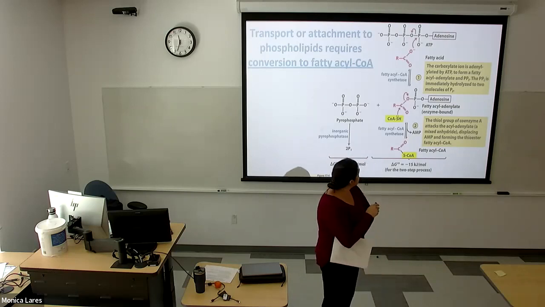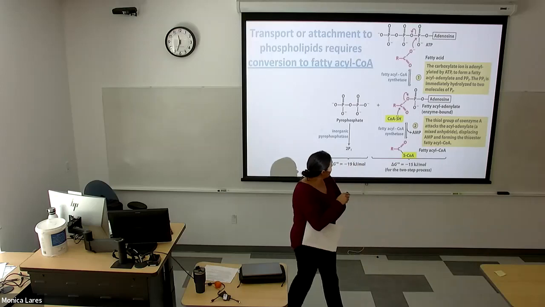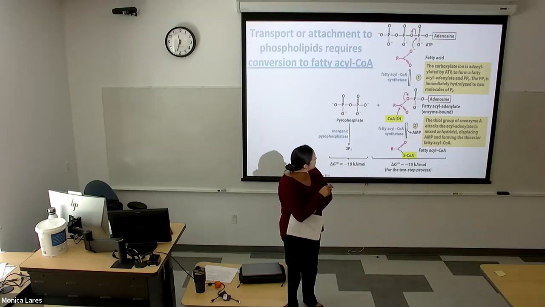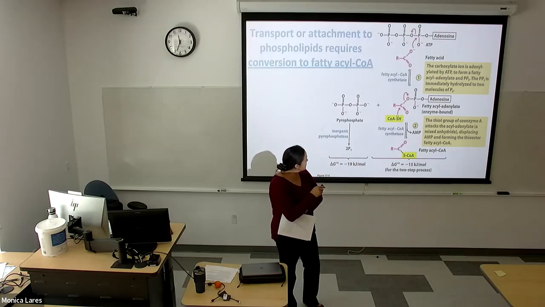The carboxylate ion picks up the phosphate group from ATP and forms this fatty acyl adenylate. Notice it's attaching this AMP part to the carboxyl group of the fatty acid. That releases this PPi, two phosphate groups, pyrophosphate.